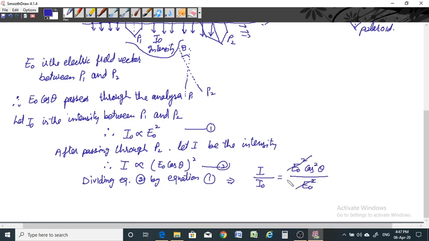Cancelling this, from here I is equal to I naught cos square theta. This is the Malus law in polarization. Thanks for watching.